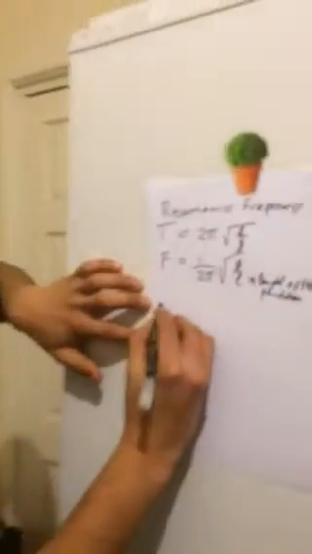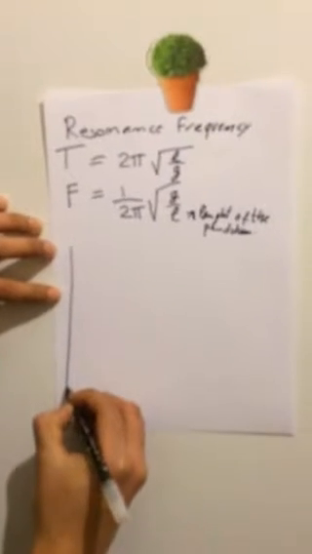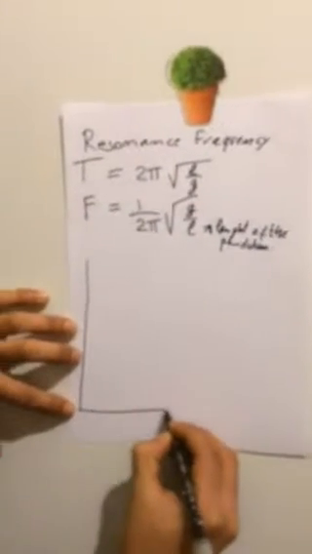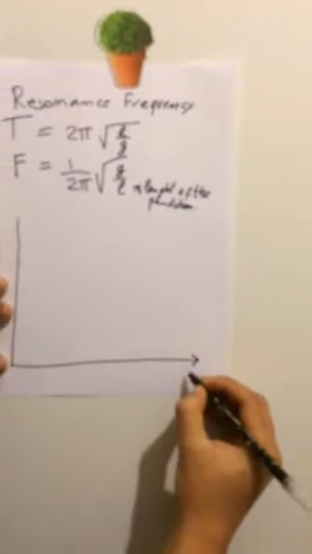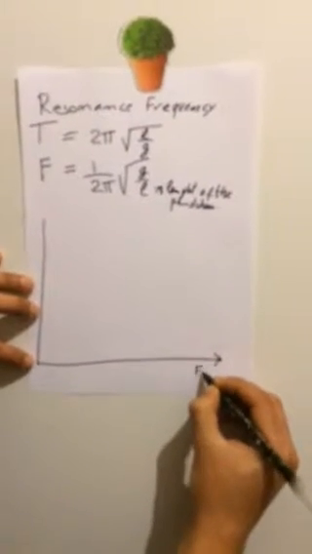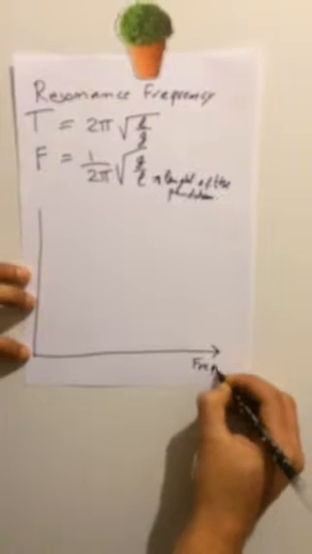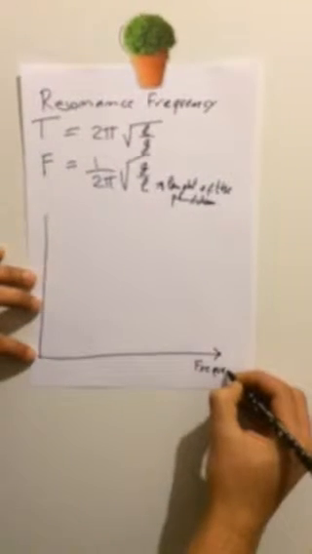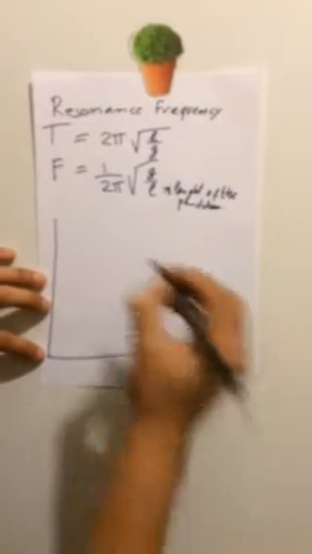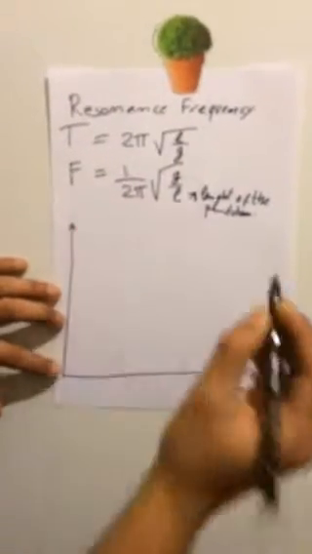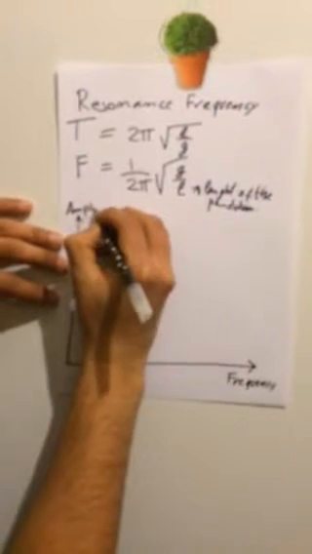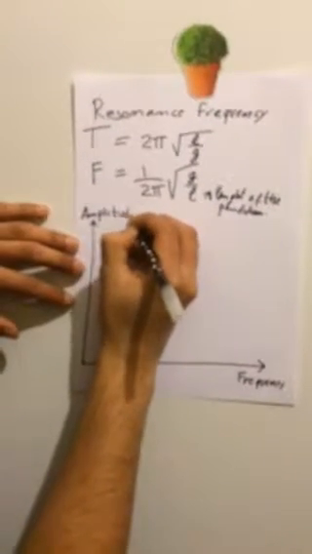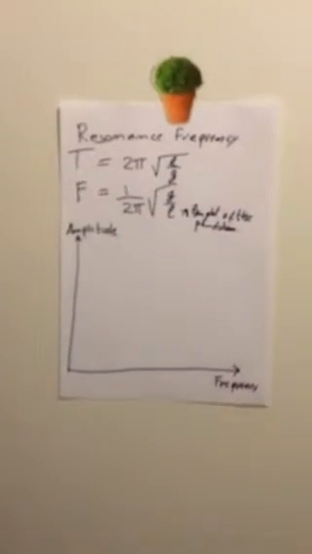So if I draw the graph, I will have the frequency on one side, and the amplitude on the other.